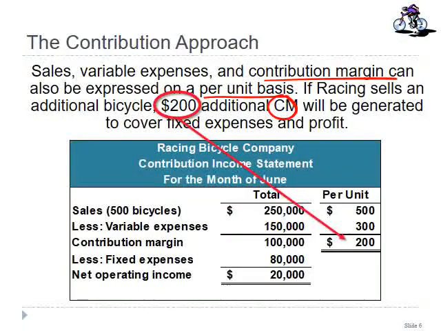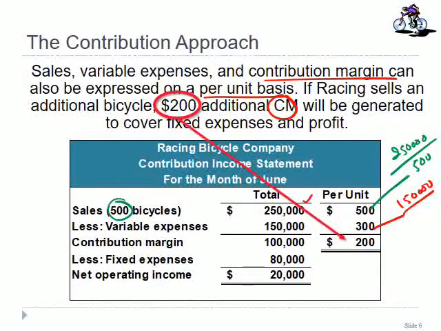So we know that total sales are 250,000. So how many units are sold? You can easily find out that it is 500 bicycles. So where does this per unit sale of 500 come from? We have 250,000 divided by 500 bicycles. Answer is 500. Where did this 300 come from? We have total variable cost, which is 150,000, and how many bicycles have we produced here? 500.